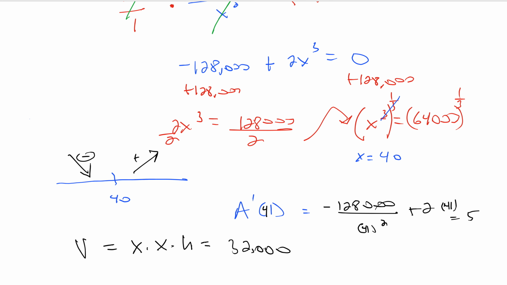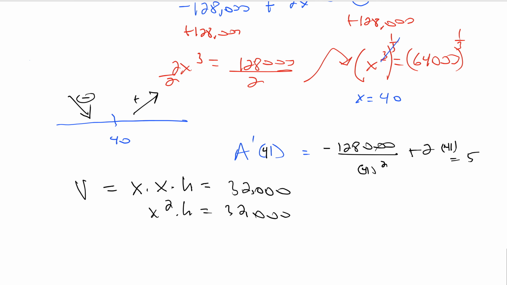So x squared times height is 32,000, and our minimizing x is 40. So 40 squared times height is 32,000.